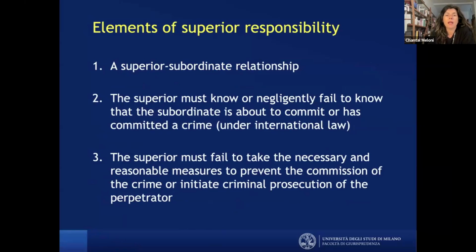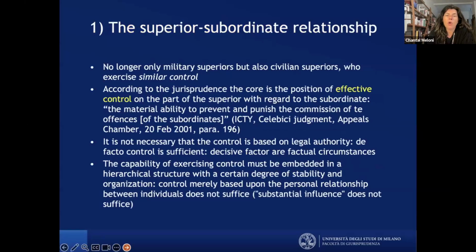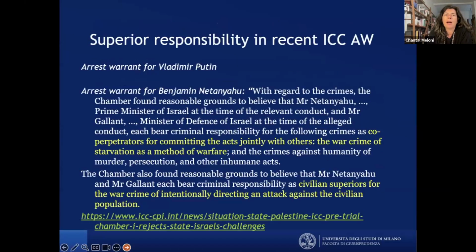Also, there must be a subjective element, which is that the superior must know or should have known, so negligently failed to know, that the subordinate was about to commit or had committed a crime. And there is the important conduct, which is the failure to take the necessary and reasonable measures to prevent the commission of these crimes by the subordinate. Here you will find in the slides some more details about these three elements, which I skip for now.